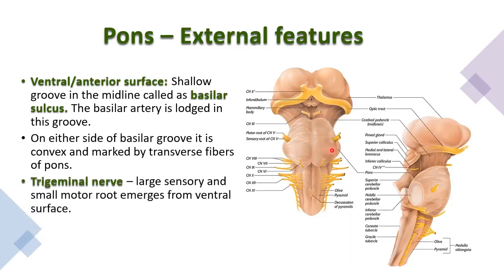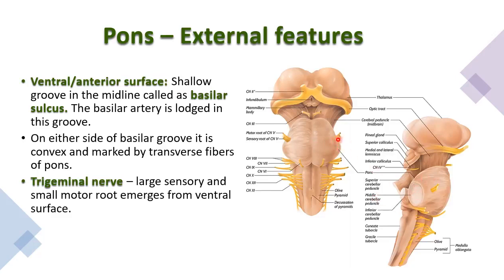Then you are able to see the emergence of the trigeminal nerve. Both nerve rootlets are visible, the sensory part and then the motor part. The fifth cranial nerve emerges from the ventral aspect, a bit laterally. Lateral to this is the middle cerebellar peduncle.